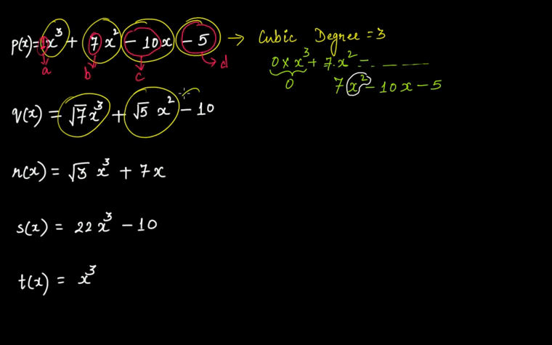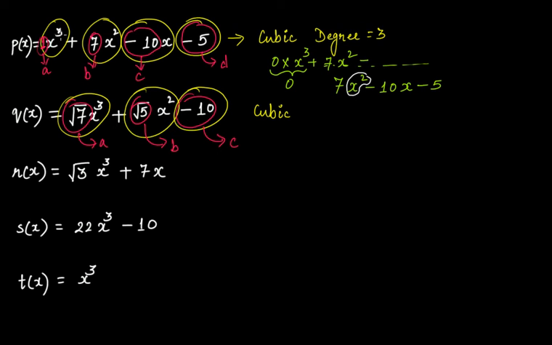It has 3 terms: square root of 7 x cubed, plus square root of 5 x squared, and minus 10. These are 3 terms, a cubic polynomial. In this case, square root of 7 is a, square root of 5 is b, and minus 10 is d. Clearly here you don't have a term which contains x with the exponent 1.